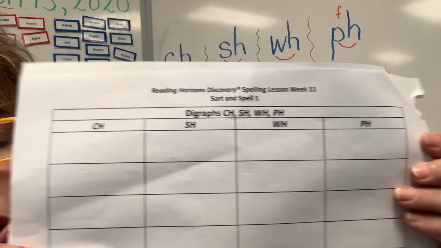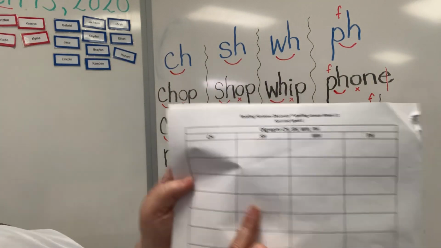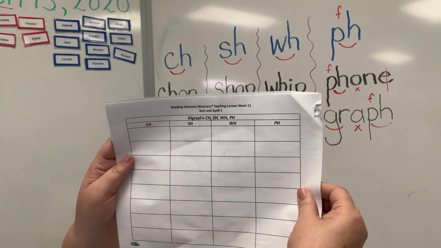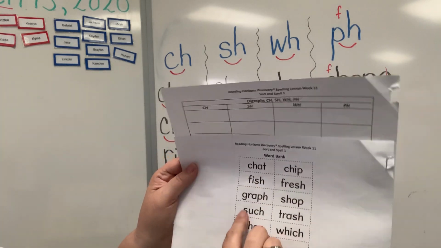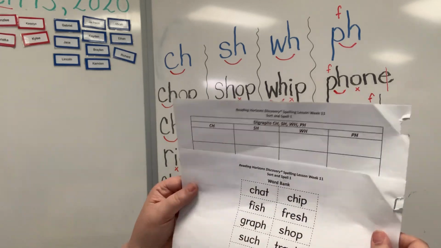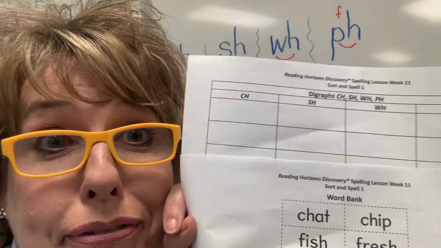And then you can make your own little graph at home. Just make 4 columns like I've done here. Write your digraphs at the top, and then the student is going to put the word under the correct digraph. You're going to make a digraph graph.